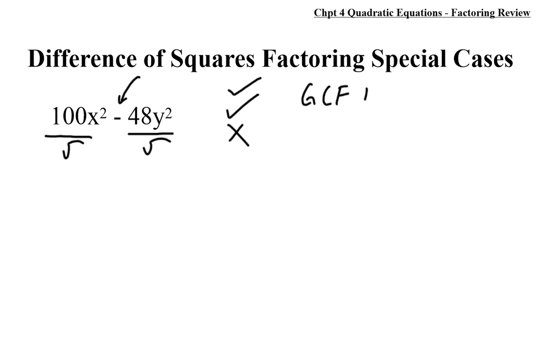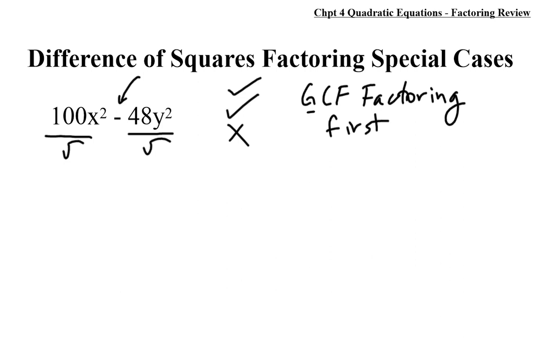If we take a look at this particular question, binomial, check. Being subtracted, check. Square rootable, no. But don't walk away from this question yet, because I talked about it earlier. GCF factoring always should happen first.